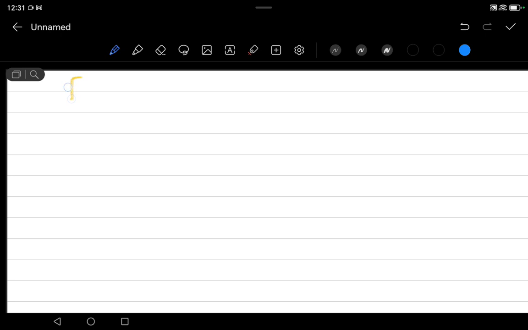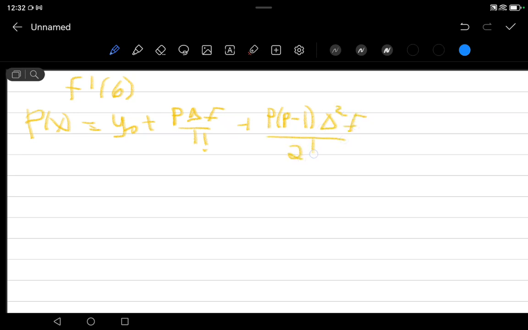So we are looking for f prime of 6. But first, we are going to write our equation, and then we calculate f prime of 6. So the equation is p of x equals y0 plus p change in f over 1 factorial, plus p into p minus 1, change square f over 2 factorial.